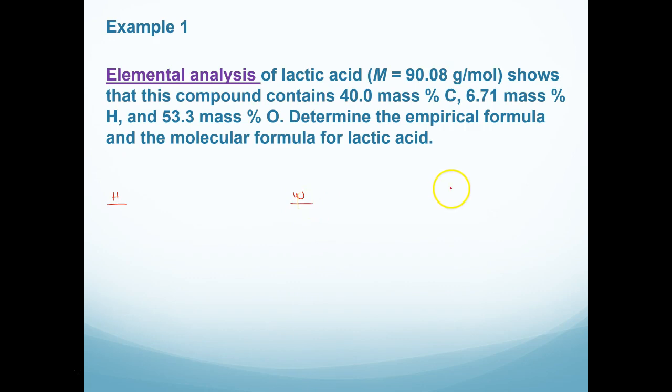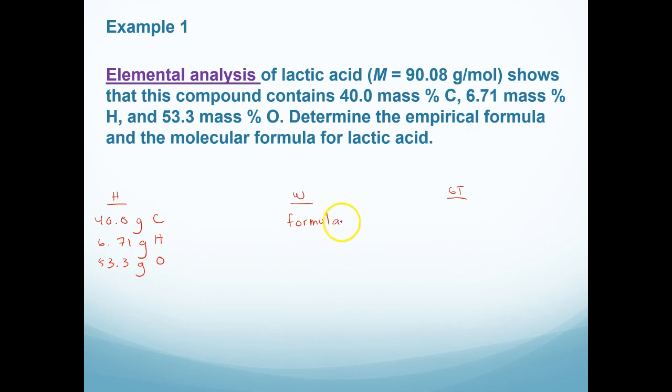So all of those percentages get converted to grams. Okay, so instead of 40.0%, I have 40.0 grams of carbon, and I have 6.71 grams of hydrogen, and I have 53.3 grams of oxygen. And what we want is both an empirical and molecular formula.